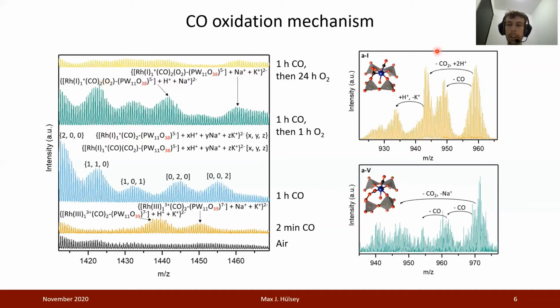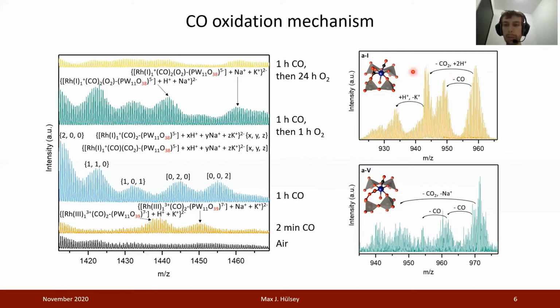Now, as I mentioned earlier, we can also do fragmentation of each of those intermediates. If, for example, we take this intermediate with 2 carbon monoxide molecules bound to rhodium, and one of the carbon monoxide molecules already bound to the oxygen of the polyoxymetallate, then we can have different gas phase reactions.